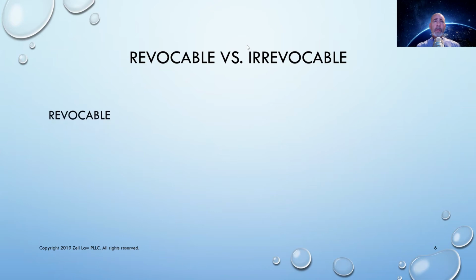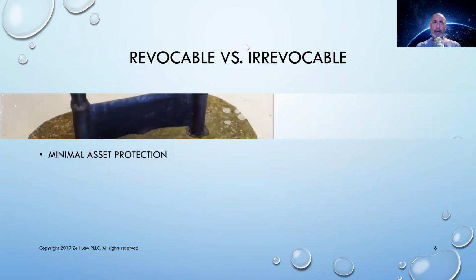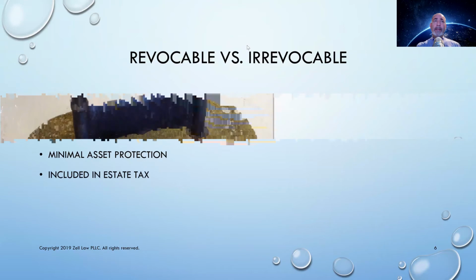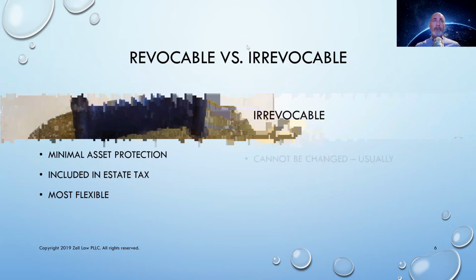Well, a revocable trust can be changed at any time. It provides minimal asset protection, and any assets in a revocable trust will be included in the estate for estate tax purposes. It's also the most flexible form of trust. An irrevocable trust, by contrast, generally cannot be changed, but I'll show you some ways to get around that rule.